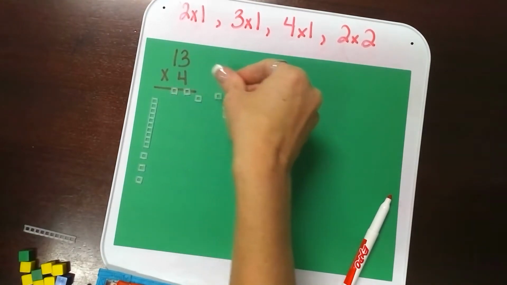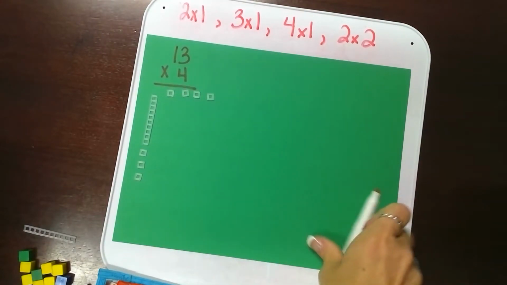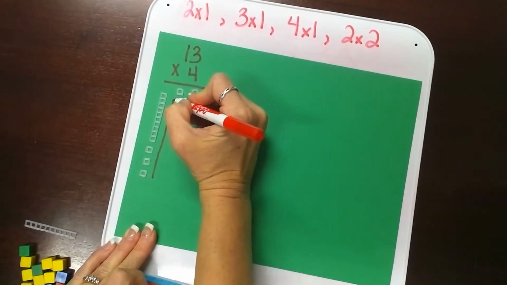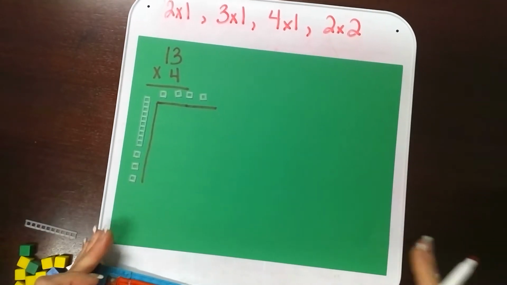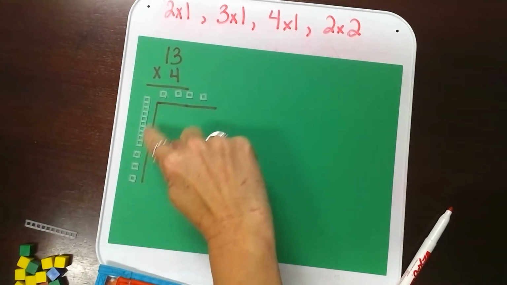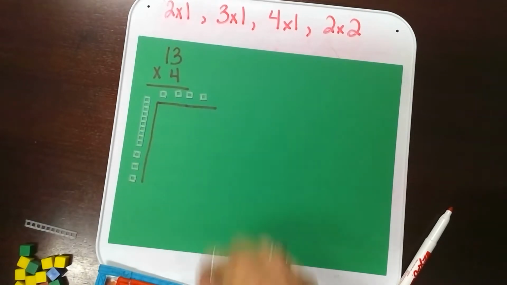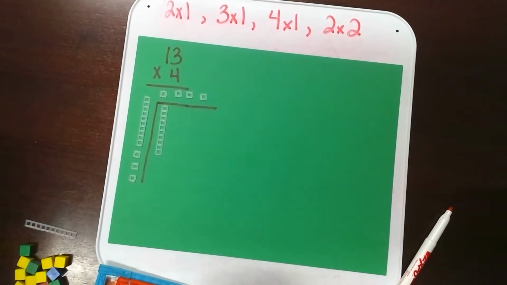I'm going to make the little array here. Okay, and I can do this to show them that this is what I'm multiplying by. So now I'm going to work it out in between here. Okay, so I'm going to talk to the kids about, I have a 10 and I have a 1. So what is 10 times 1? It is 10. I have a 10, I have a 1. It's 10 again.